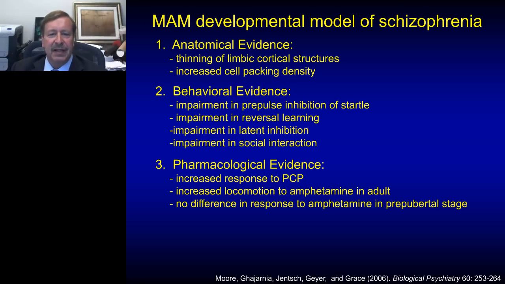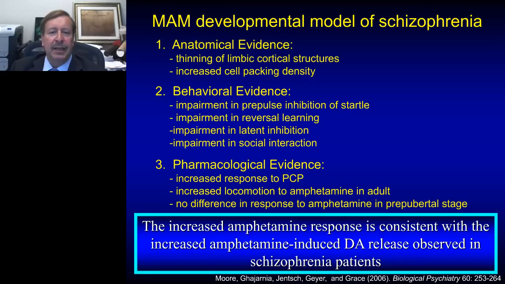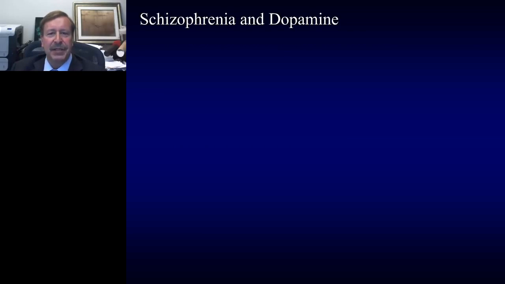That emerges in the adult animal, but not when the animal is in the prepubertal stage, a time when we don't believe that there's a change in the dopaminergic system. Now, the increased amphetamine response is consistent with the amphetamine-induced dopamine release observed in schizophrenia patients. In fact, there's a bit of evidence to show that the dopaminergic system is involved in schizophrenia.